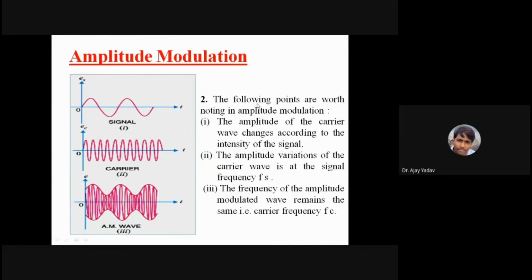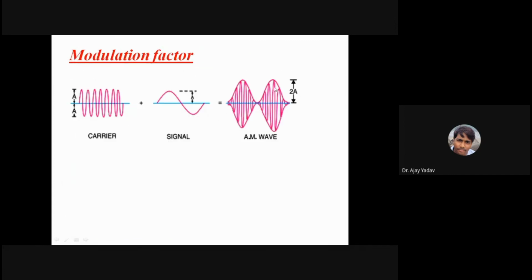Here the positive minima and the negative minima are not touching each other. Here they are touching each other. So in this case, this is a kind of 100% amplitude modulation. Now, how have I arrived at this conclusion that here the modulation is 100%?